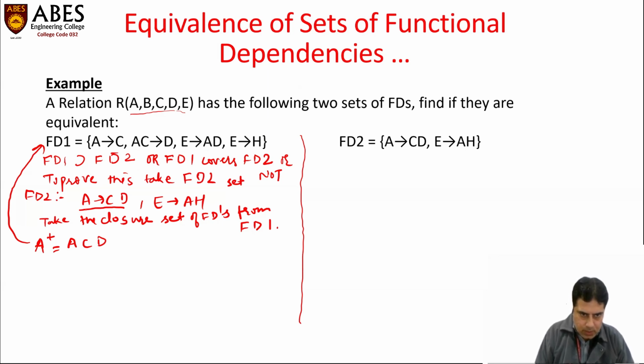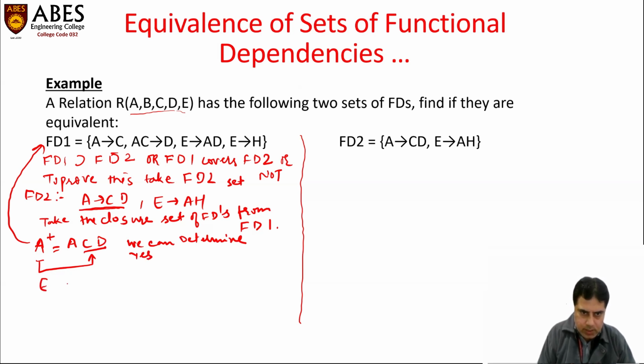Now, in FD2, A determines CD. So we can determine from the closure of A to CD. Yes, we can determine.